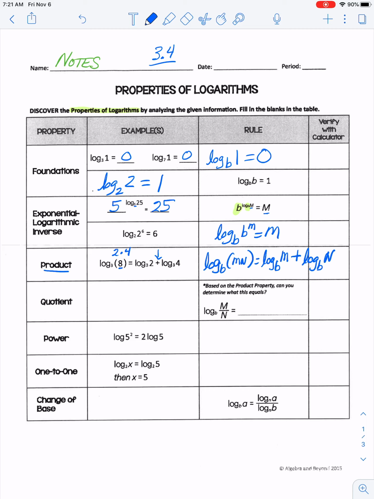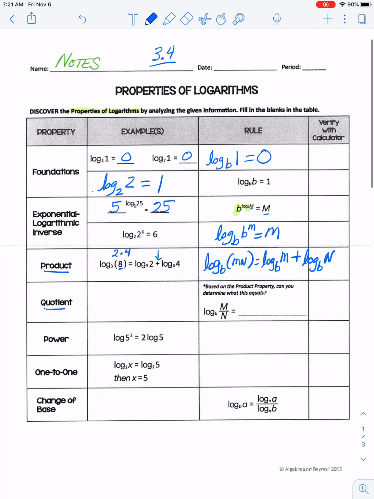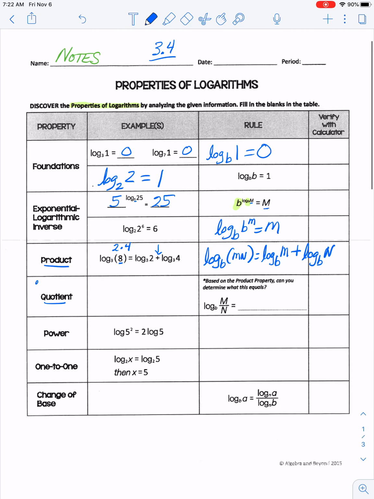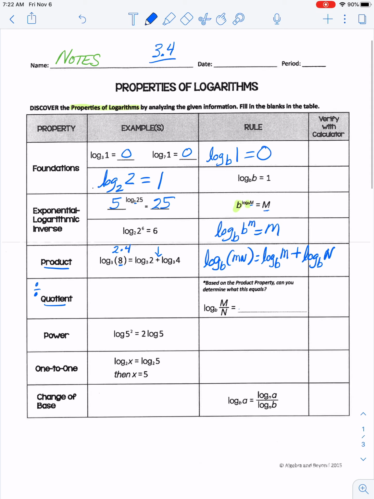Next up, quotient. Quotient means divide. So if you have log base b of m over n, it's going to turn into log base b of m minus log base b of n. So when we divide, it turns into a subtract.